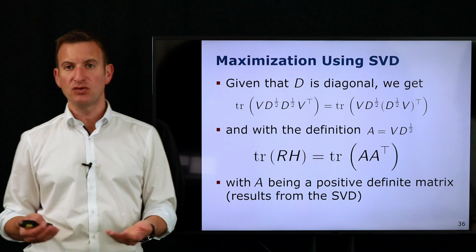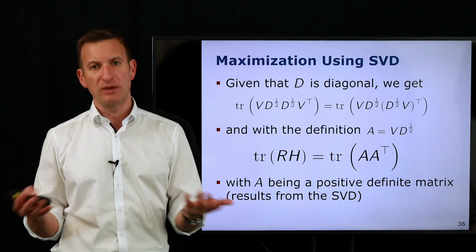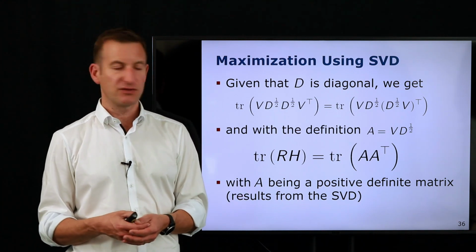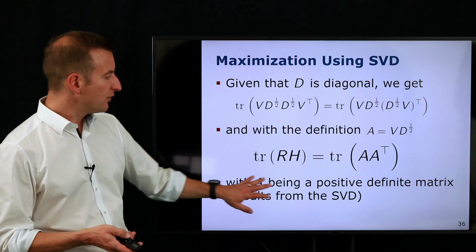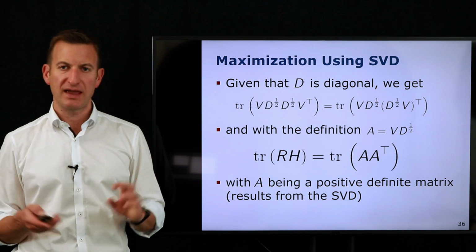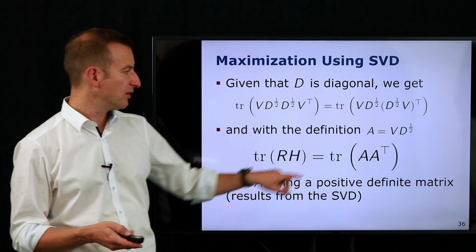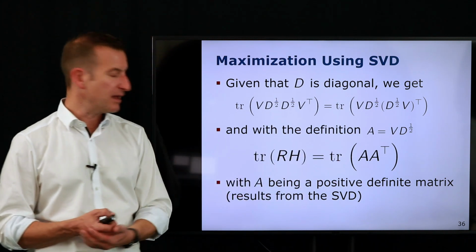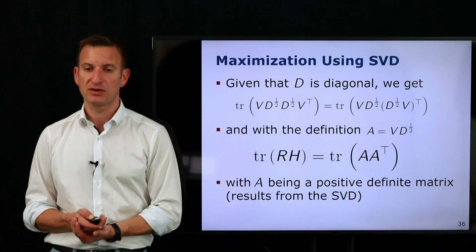If it doesn't have full rank, we won't have a unique solution. Okay, so this is the property of my matrix A A transposed, and I want to compute the trace of it with A being a positive definite matrix.